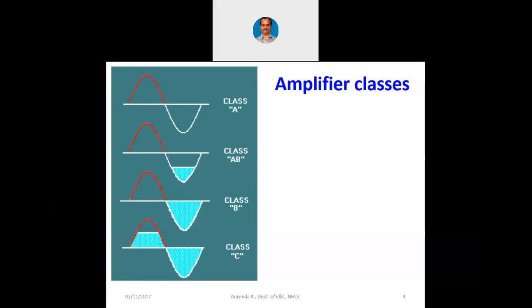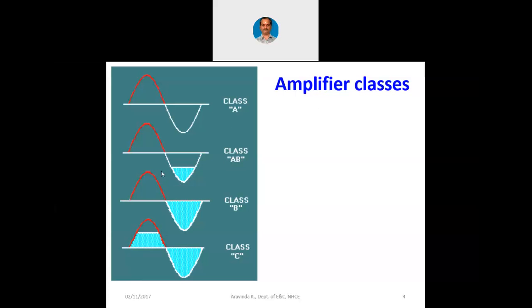Now, in the second case called class AB, you can see that out of 360 degrees, for the shaded portion, the amplifier is not working. Imagine that way. How do we make it not work that way? That we will see later on. We will have such biasing circuits, by means of which we will prevent the transistor from working during this shaded portion.